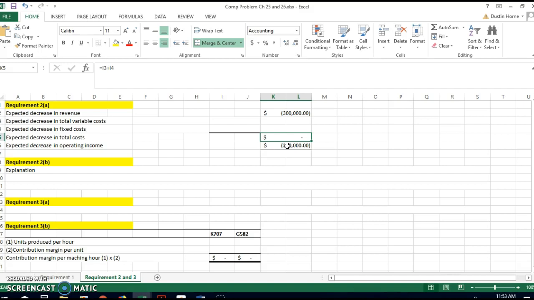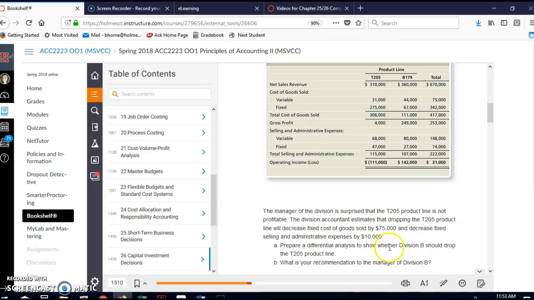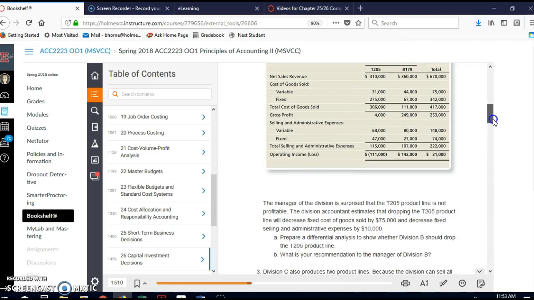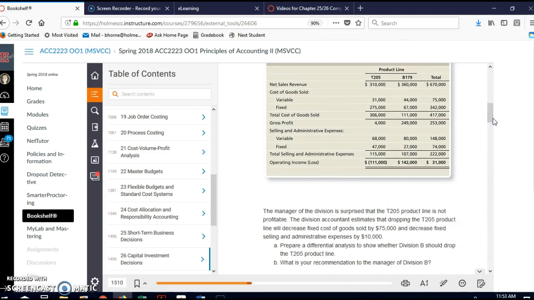Okay. Now, if you look at requirement B, what is your recommendation for the manager of Division B? Well, if you look on page 1421 at the decision rule, it says if the revenues lost is more than the total cost you would save, then you don't want to drop the product. Well, let's think about it. We're losing 310 revenue.